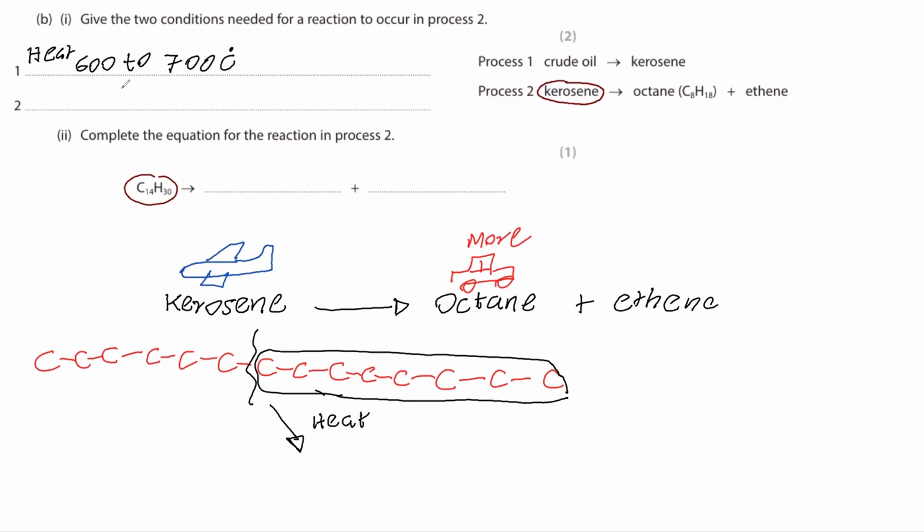Plus there has to be a catalyst. A catalyst of silica. Silica means simply silicon dioxide. And it's not only silica. There's another catalyst. We have to have a mixture of these. We call it alumina.